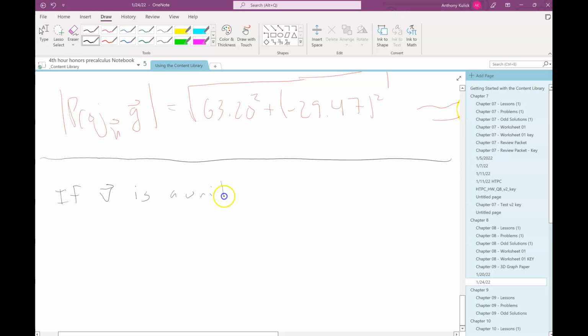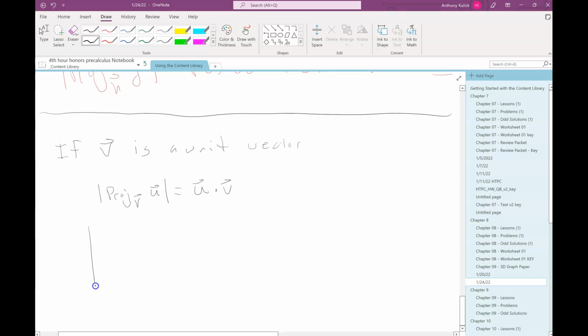Or maybe whenever this vector v that we're projecting onto is a unit vector, the magnitude of the projection of u onto v is going to equal u dot v. Let's see if we can prove that. This is potentially quite useful as it saves us a lot of time on some of these problems, right? Let's see. So we'll start with our formula for the projection of u onto v.